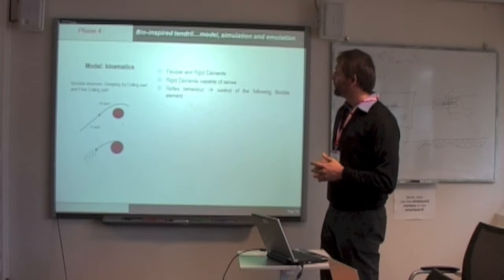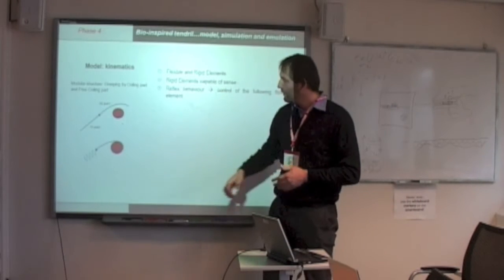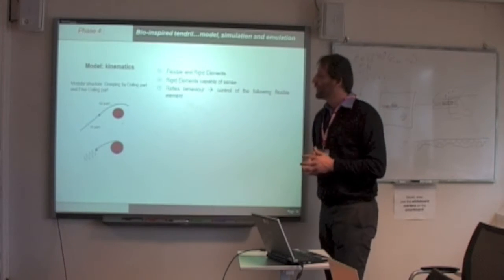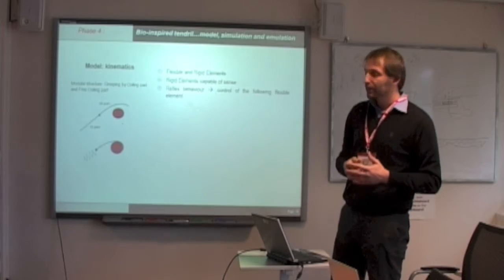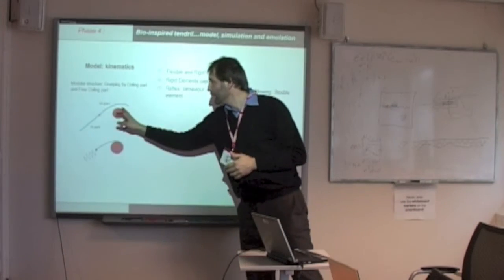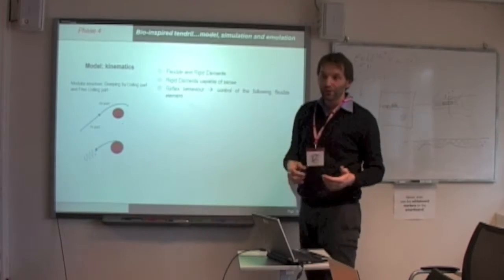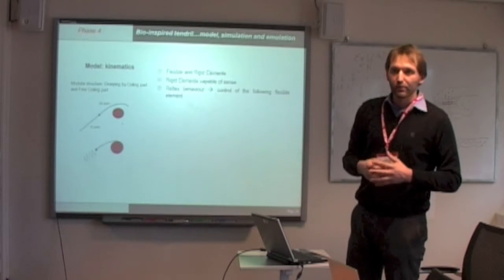So we divided our tendril in two parts. The first one is mainly devoted to grasping, the grasping by coiling, and the other, the free coiling, is mainly devoted to realizing the free coiling, so the pulling force.